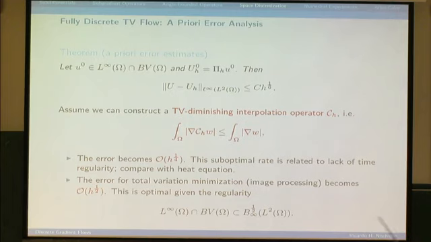And if you use these ideas in the context of total variation minimization, typical of image processing, no time in this game, having this operator will lead to an order h to the 1/2 for the TV minimization. And for this context, h to the 1/2 is optimal.